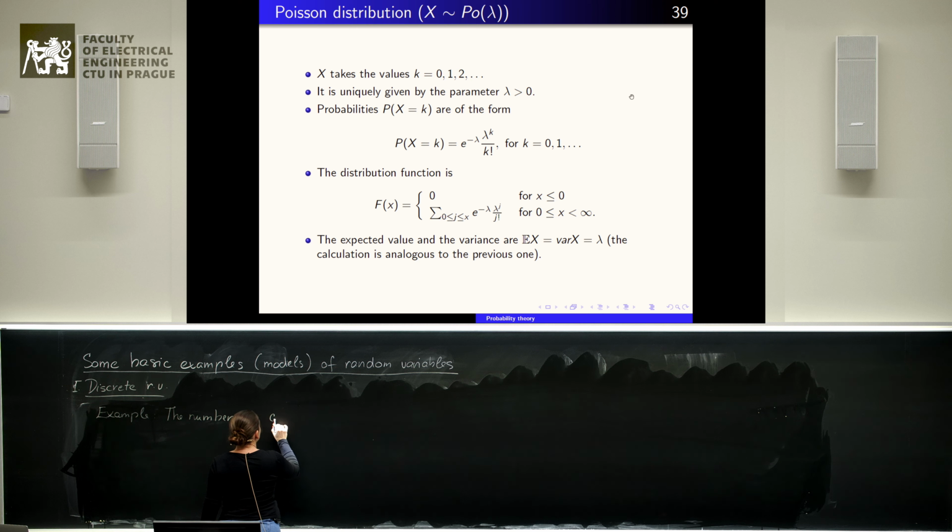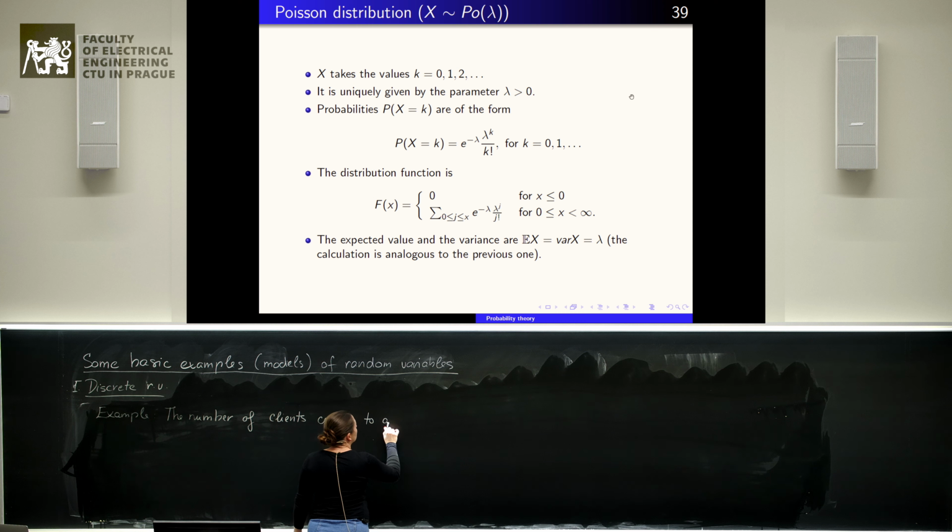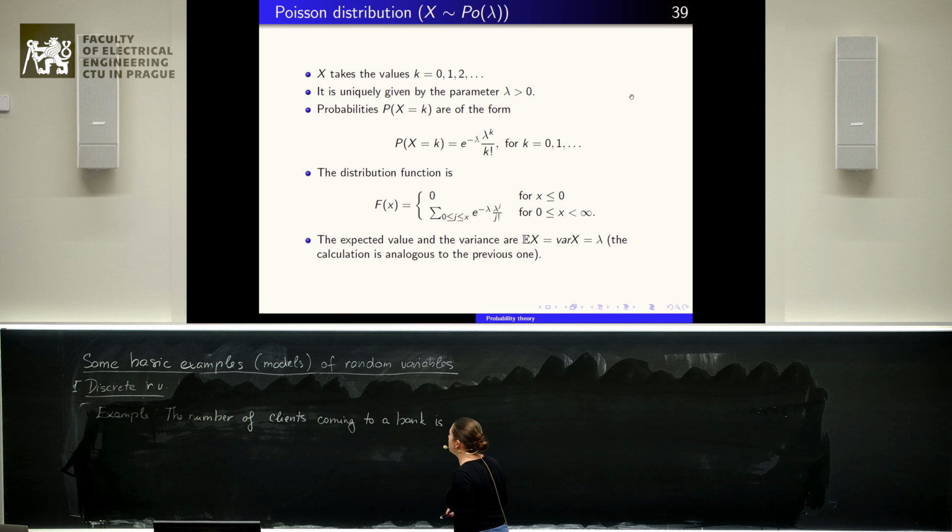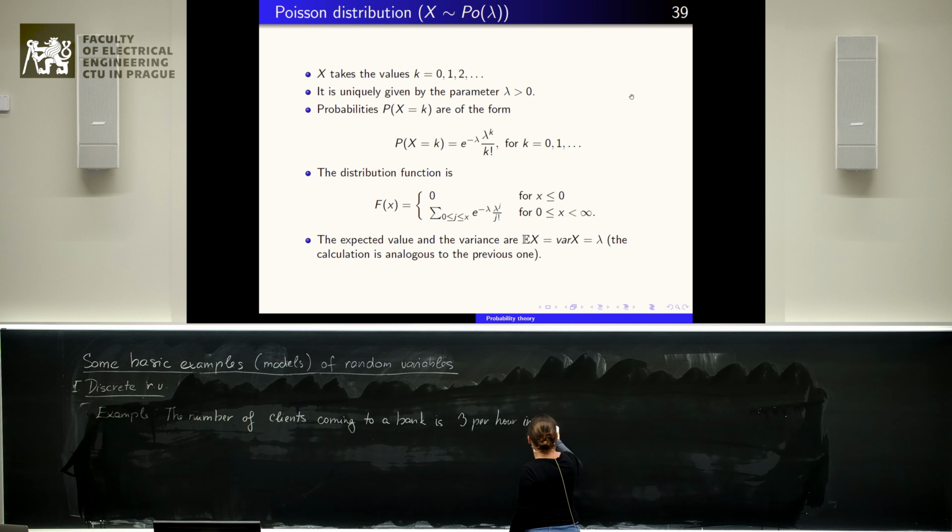The number of clients coming to a shop or coming to a bank is 3 per hour in average. And this is very important.